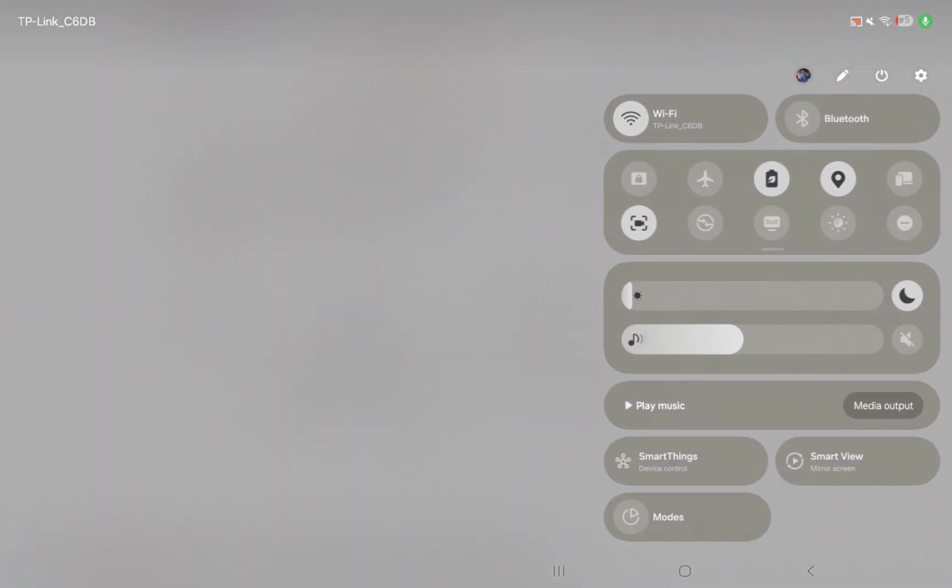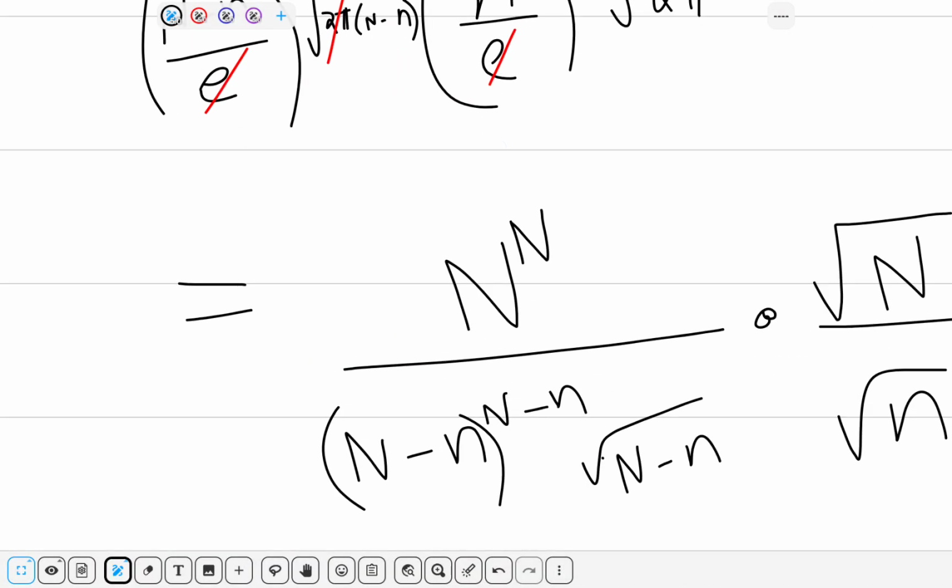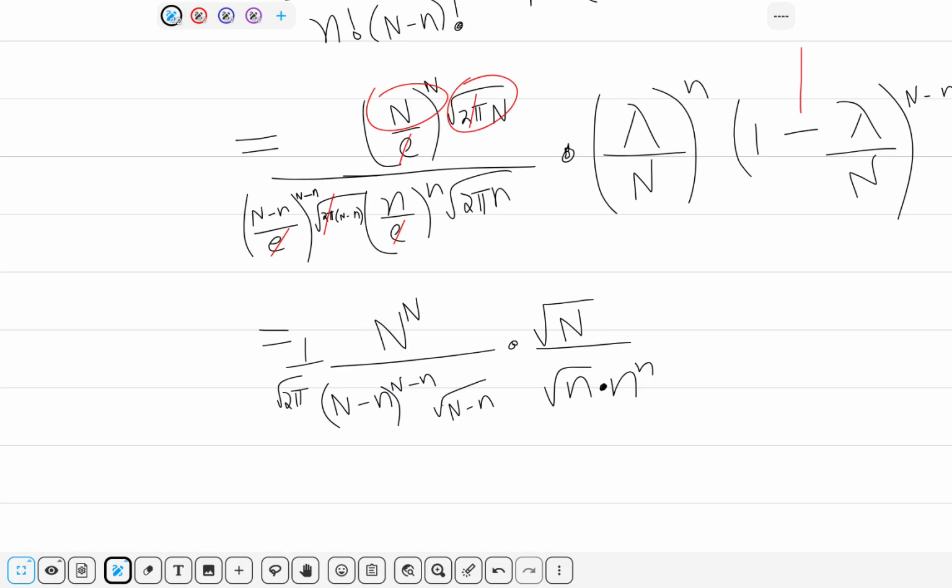I need a little more brightness. So now 1 by root pi, I will just write this as 1 by square root of 2 pi. And then what more is there? Yep, that's it.